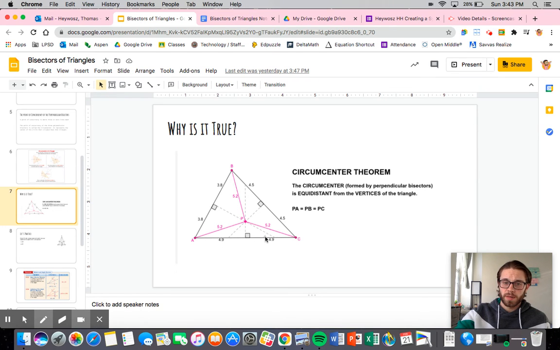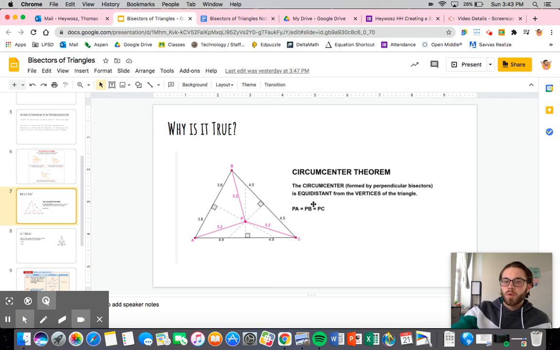So this is congruent to this, that part's congruent to that part. It also means that these are congruent, okay? And if I were to draw this, that's a shared side. So the reason why this theorem is going to be true comes down to side angle side, okay? Right, so those triangles are congruent.